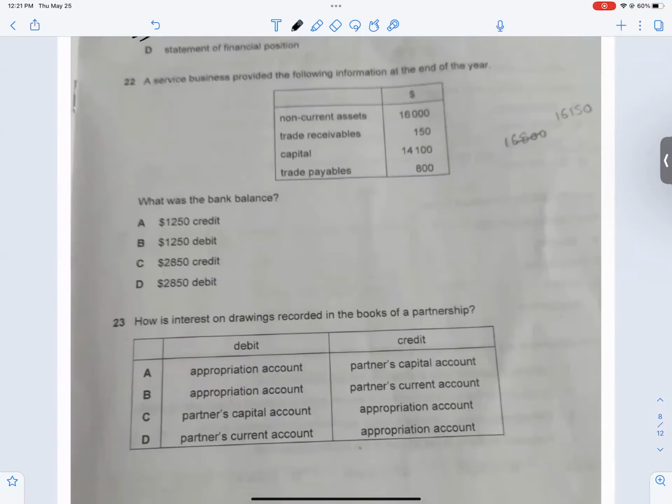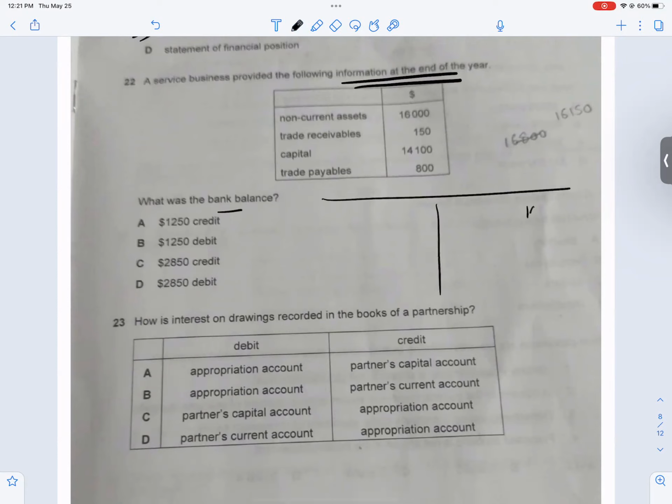A business provided the following information at the end of the year. What was the bank balance? Non-current assets, current assets, capital is 14,100 and current liability is 800.